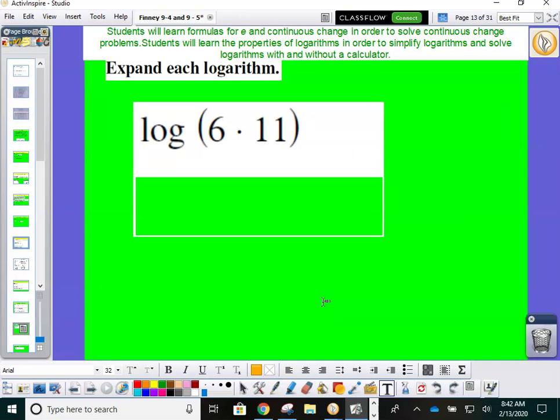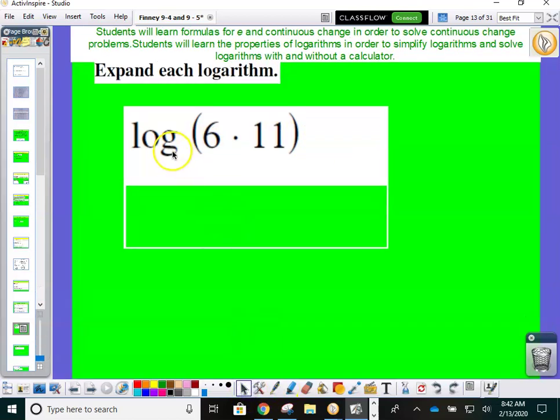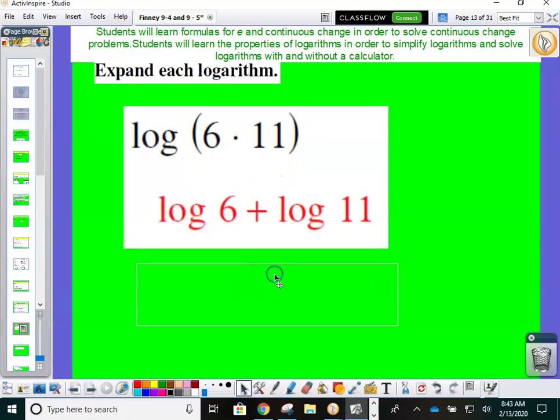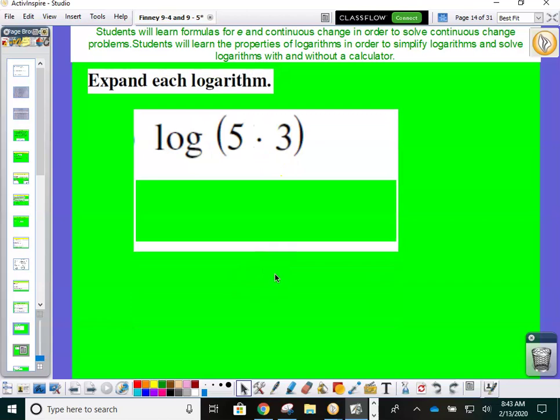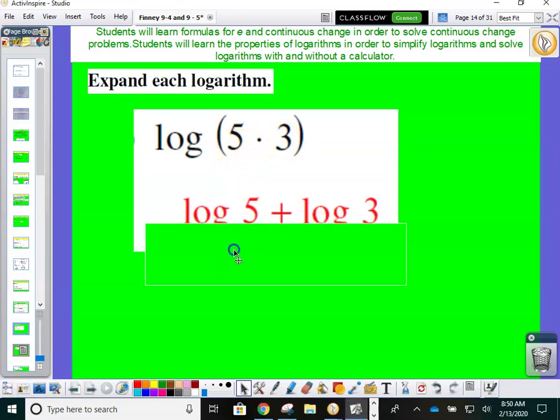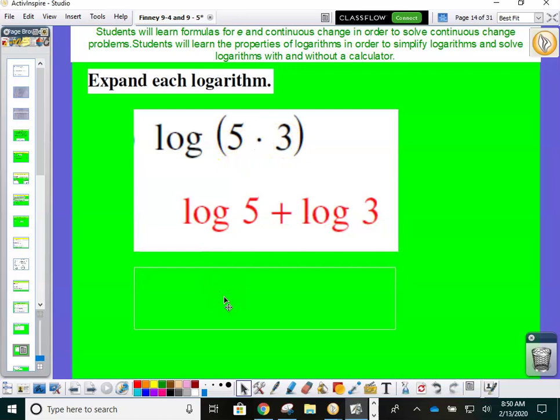So what we're going to do here is we're going to rewrite these using some properties. Well, this says the log of a product, which means I can rewrite this as the log of 6 plus the log of 11. So again, we're adding here because this is 3 times 5. So we're going to do the log of 5 plus the log of 3.